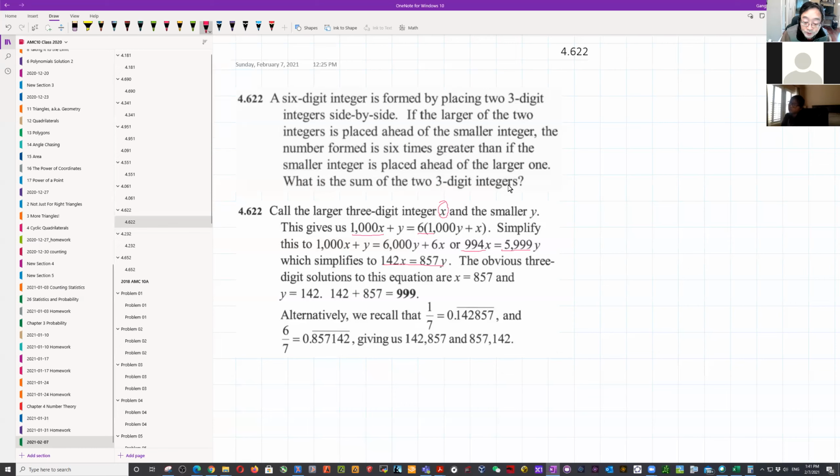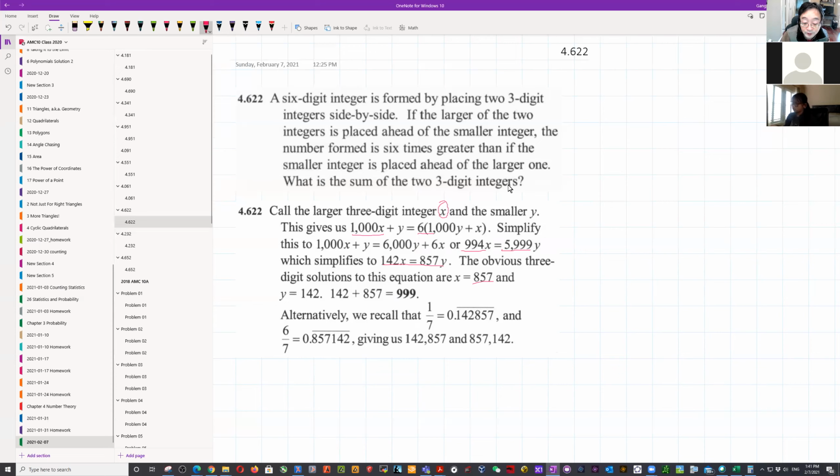Given this format, these two numbers are coprime. The obvious way, any 3-digit number that could satisfy this relationship has to be x equals 857 and y equal to 142.